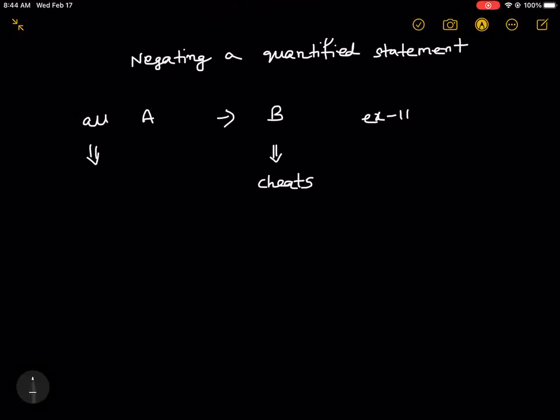If I want to prove him wrong, what do I need? Do I need to prove that nobody cheats? Or do I actually need to prove at least, I know one guy who doesn't cheat.